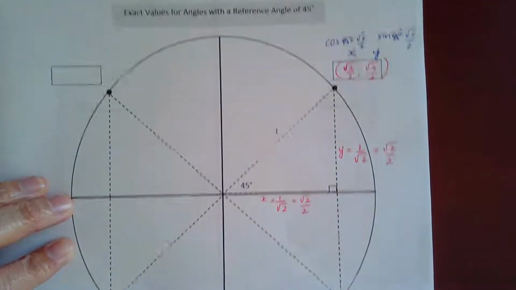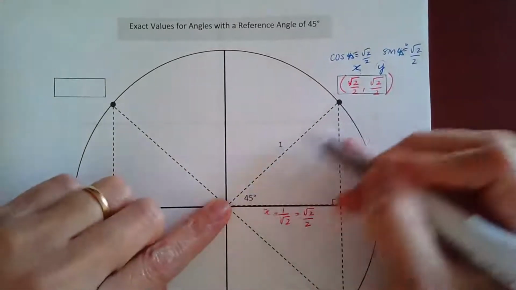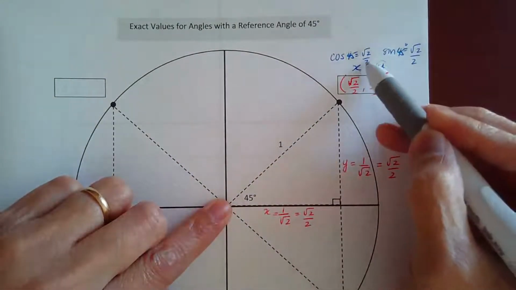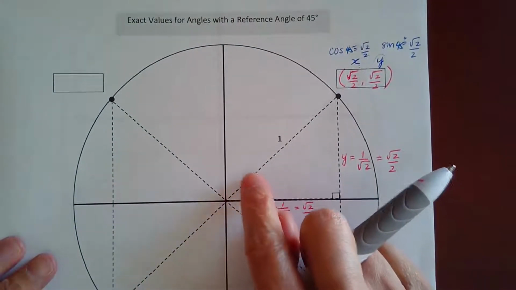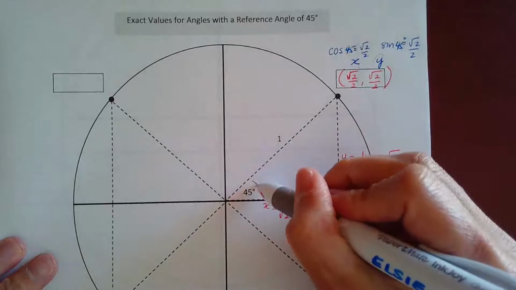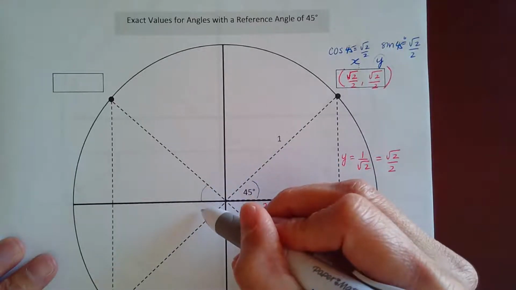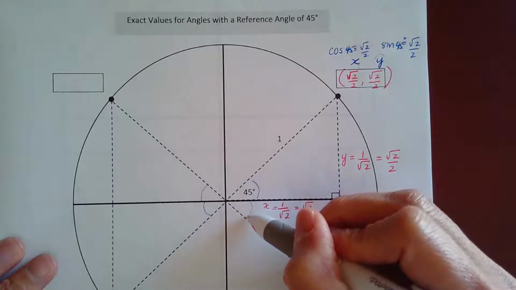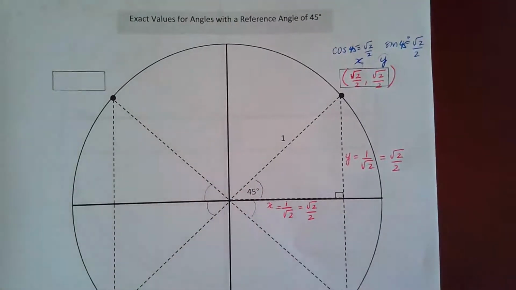So cos at this particular angle is that. Now the 45 degree angle, that's our reference angle in here. So this is a reference angle at 45, this is a reference angle at 45, and this is a reference angle at 45. So these are 45, 45, 45.